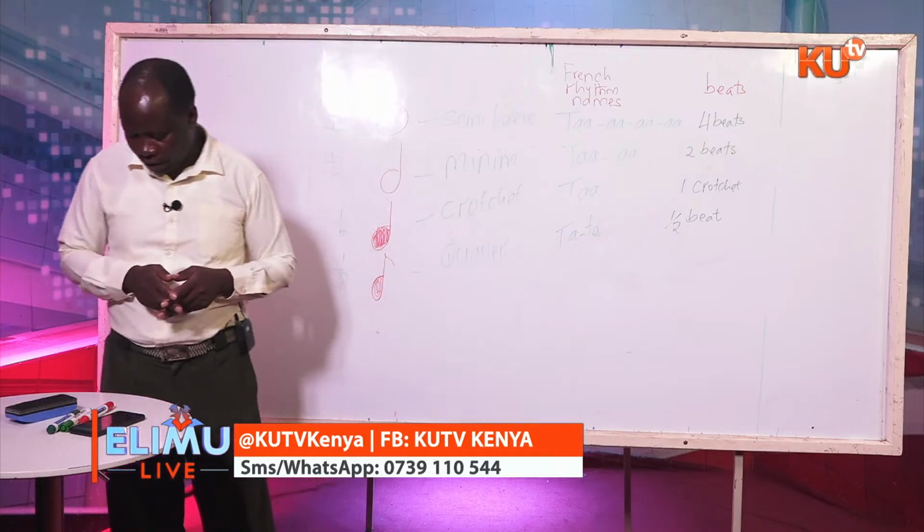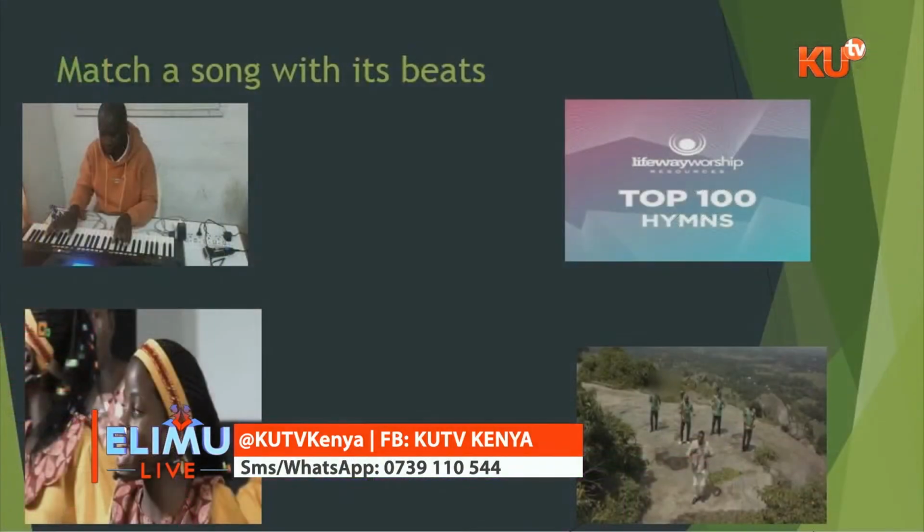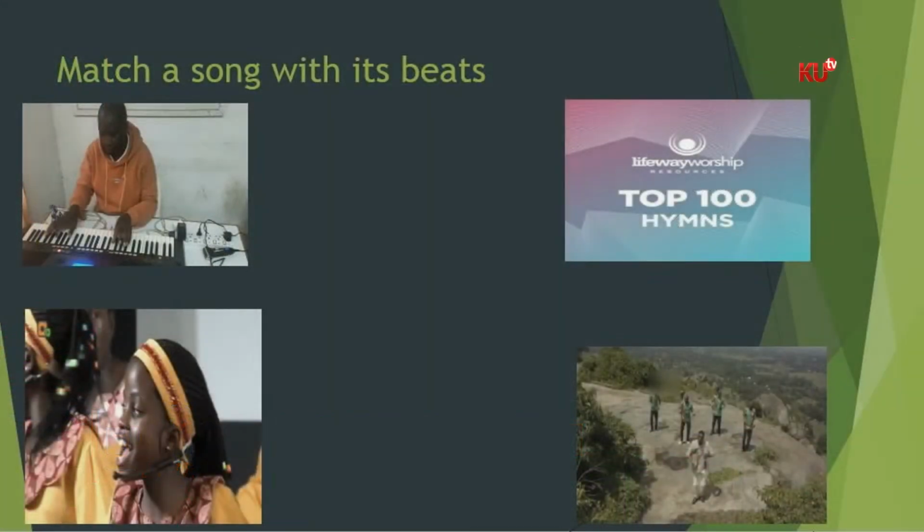In the next slide, we have 4 songs, and we see which song uses which beats. So you can see the first one there. We have the pianist with an orange jumper. I think I'm not colorblind. Yeah, so let us see which beats.